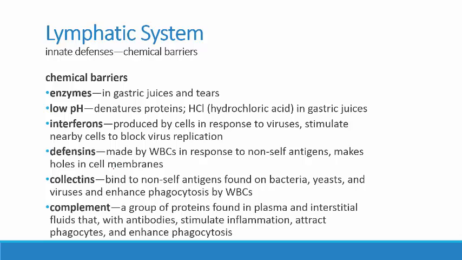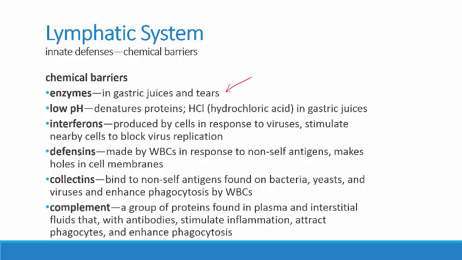We have enzymes. Enzymes are chemicals that break chemical bonds. We find them in gastric juices and other digestive juices, and in our tears, where they can help break up any bacteria or viruses or other materials that try to get into the body.